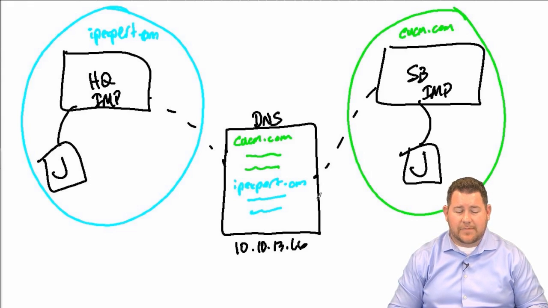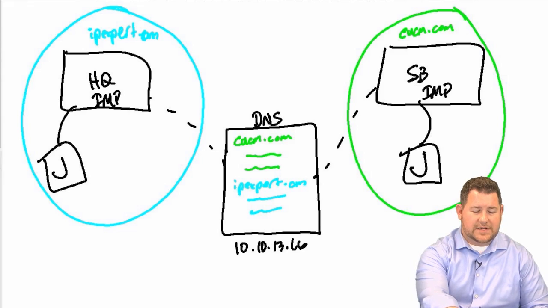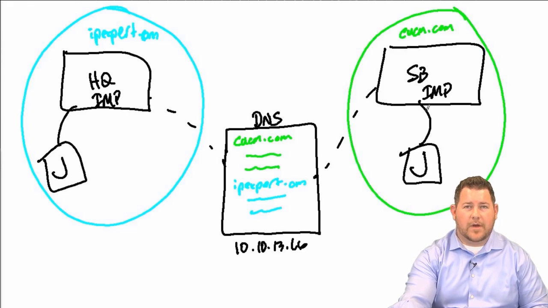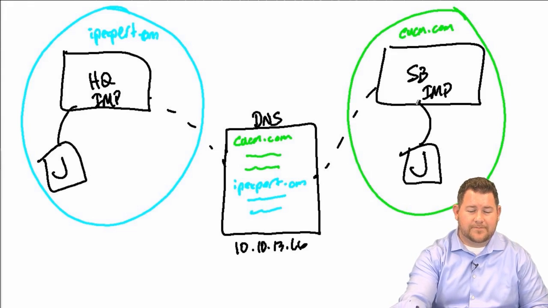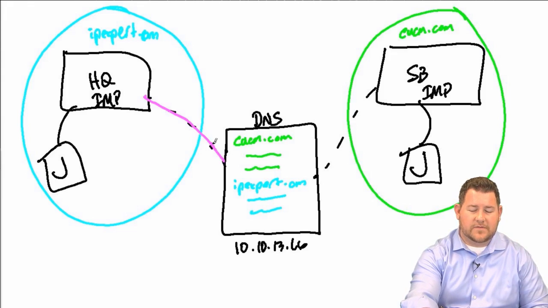But obviously, what needs to happen here in this case is that the IM&P presence server has got to somehow resolve the information for the other server. If we're going to have a federation, basically it's looking at the domain name for the other server along with the host name. So it's got to send out a request to the DNS server.